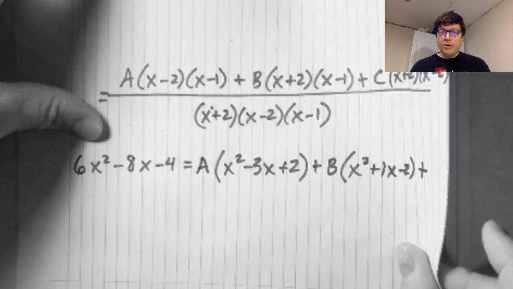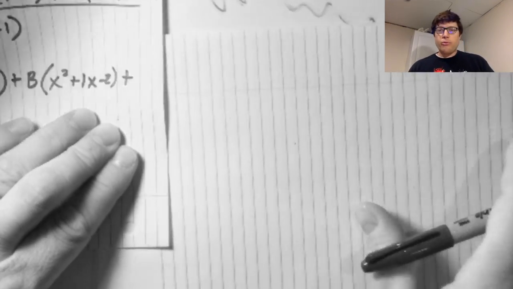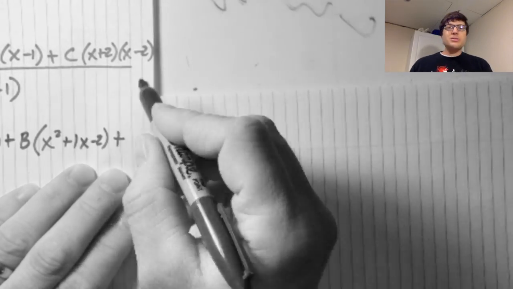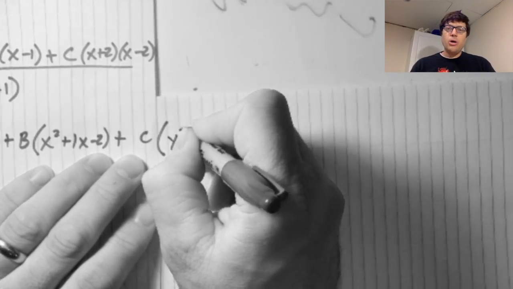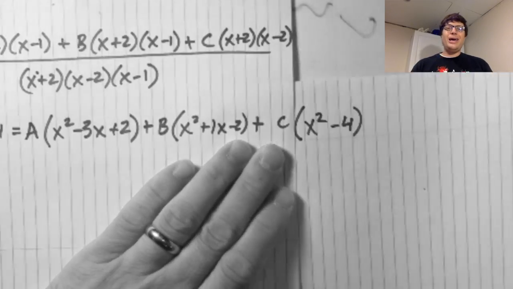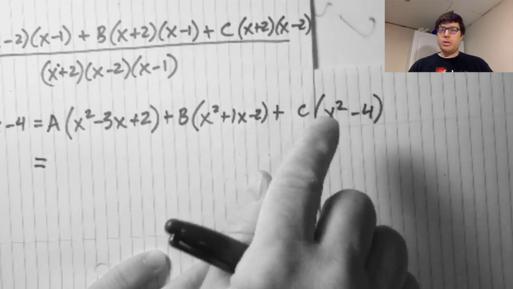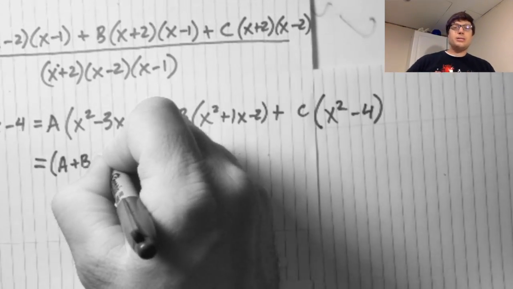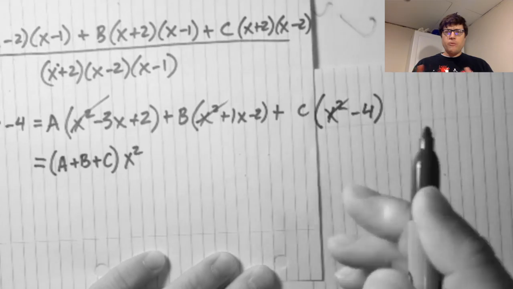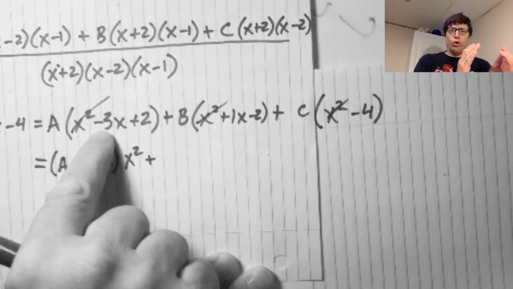So expanding everything out, running out of room on my paper and trying to make sure it all still looks linear with its flow, we wind up with an expression A times x squared minus 3x plus 2, plus B times x squared plus 1x minus 2, plus C times x squared minus 4. And we look for things that we can group.